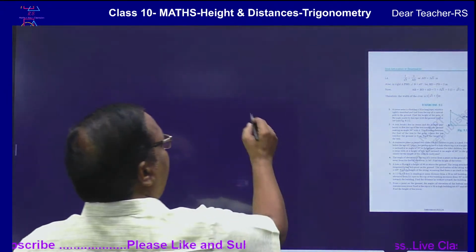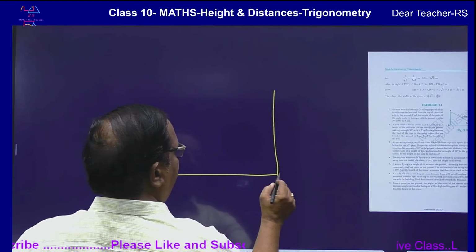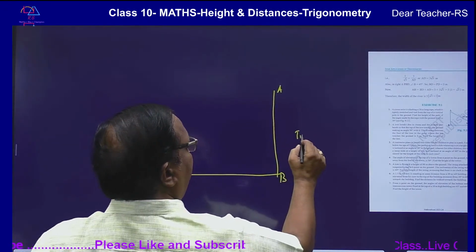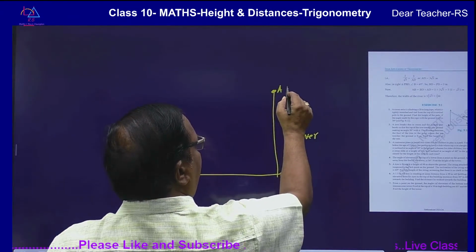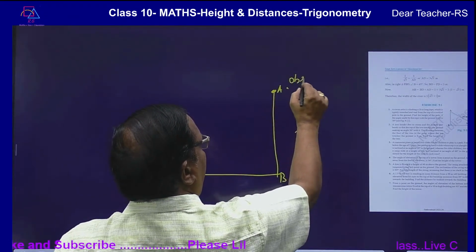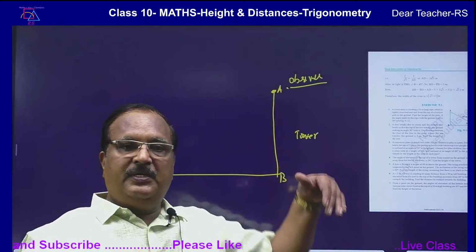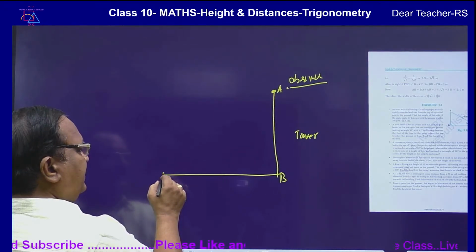So now here again the tower and here again the ground. AB is the tower. Now observer is at this position. Observer is there on the top. In the previous case observer is there on the ground. So here an object is there.